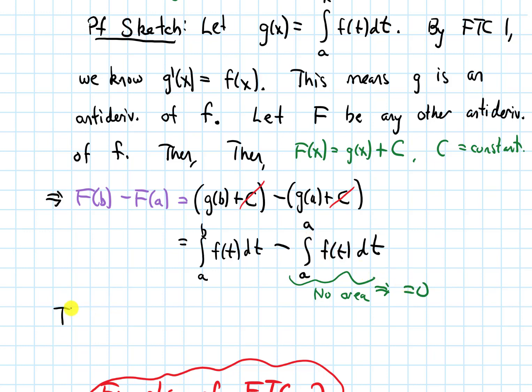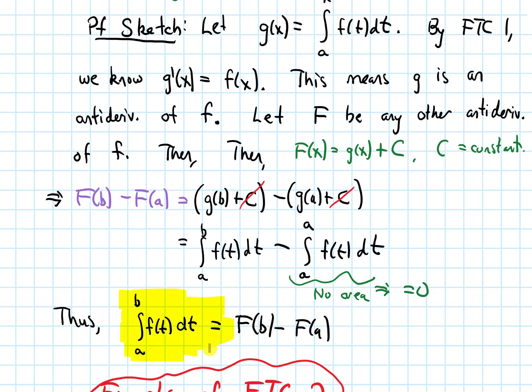So thus, what we have now shown is that the integral from a to b of lowercase f of t dt equals capital F, our antiderivative, evaluated at b, minus capital F, evaluated at a. And I'm going to highlight this. That right there is the Fundamental Theorem of Calculus part 2.